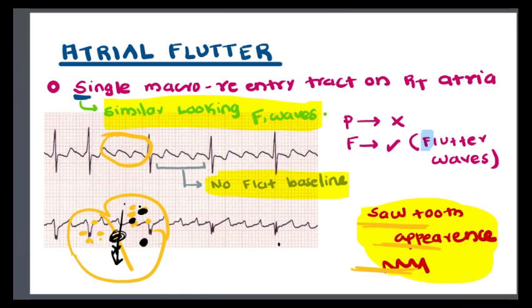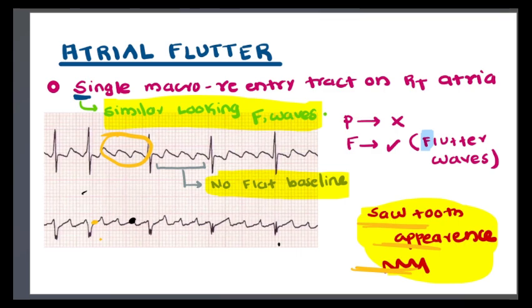But the problem with digoxin is it increases the automaticity of the heart, so the re-entry circuit will become faster. We don't want the re-entry to happen, so we don't use that. Okay, so that's about that.